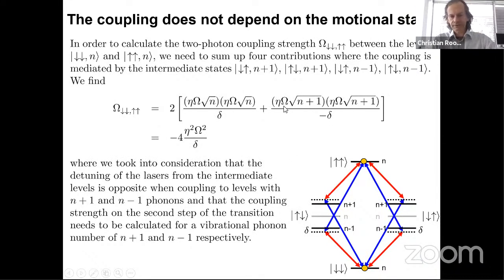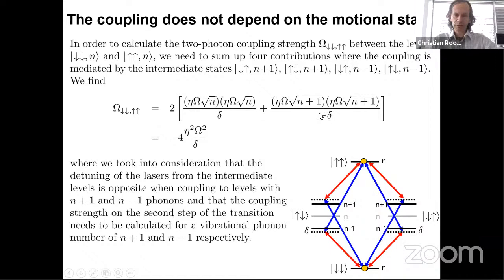And then you have to add the second process, where you have first an excitation on the blue sideband, with a factor square root of n+1. Then the red sideband absorption starts in a state where you have n+1 phonons, and therefore you get another factor square root of n+1. You also have to take into consideration that the detuning from the mediating state has the opposite sign as compared to the other process. So there's a minus sign showing up.